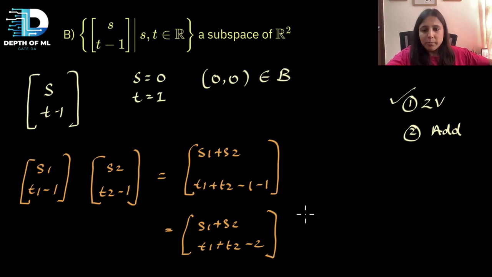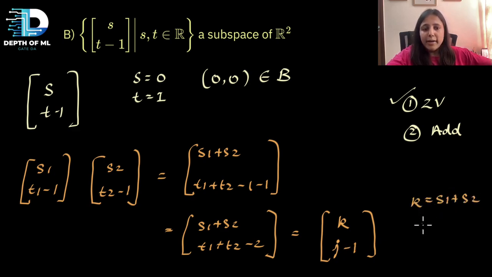So here let me rewrite this as K, and J minus 1, where I'm saying K equals S1 plus S2 and J equals T1 plus T2 minus 1. Here for S1 plus S2, I only have to check whether it is a real number.